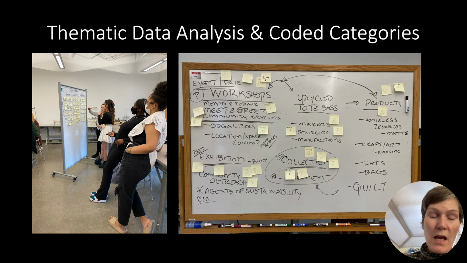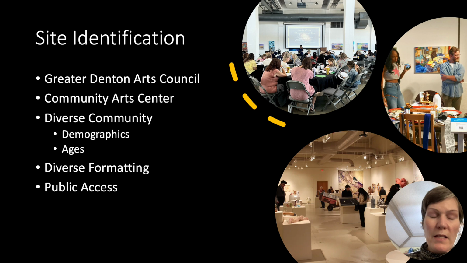After each student developed their own persona and journey map, they came together to discuss commonalities. We introduced them to what thematic data analysis is, and from that they coded their ideas in clusters to discover grouped ideas.